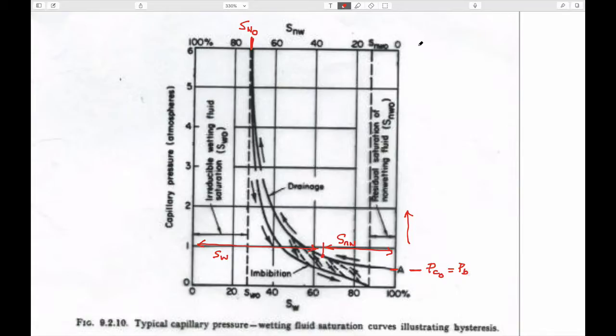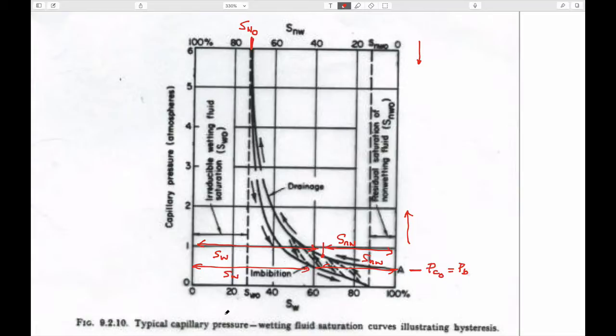If you stop increasing the pressure and you decrease the pressure, then you come down a second curve, and water will spontaneously be sucked in. It'll be imbibed, and you'll move down this imbibition curve with exactly the same behavior as before. As you imbibe water, the saturation of water will increase for any given pressure at the expense of the non-wetting saturation.